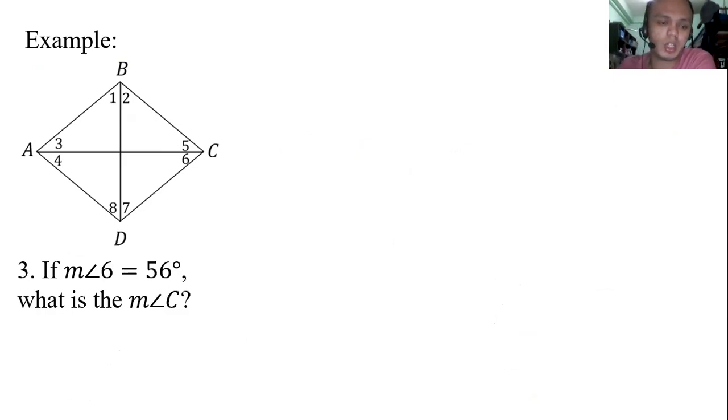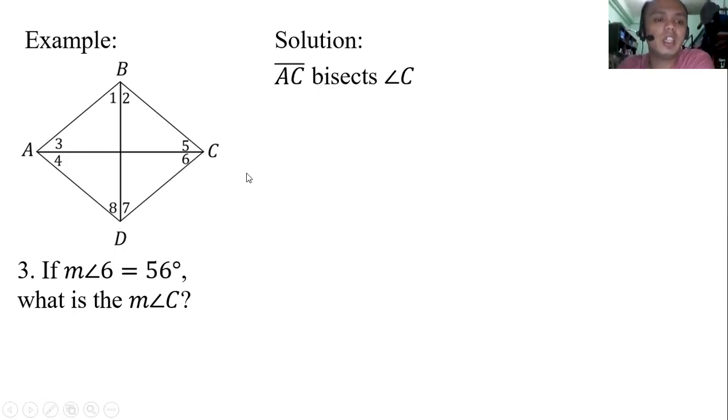Next one. If the measure of angle 6 is 56, what is the measure of angle C? Again, AC bisects angle C, and it makes the measure of angle 6 equal to half of the measure of angle C. Because angle C was divided by AC, creating angle 5 and angle 6.